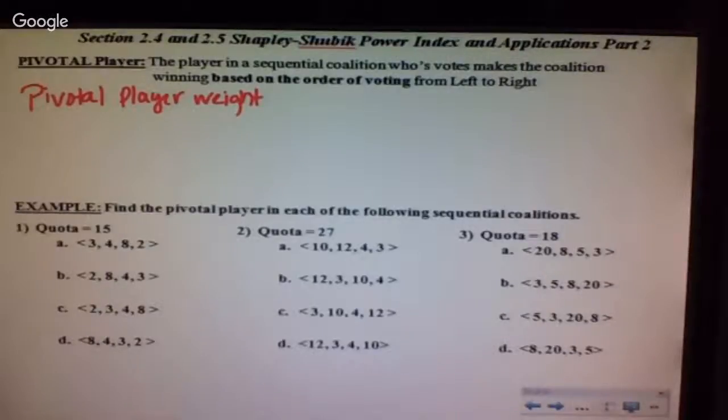Okay, so the pivotal player weight plus the previous players has to be greater than or equal to the quota.